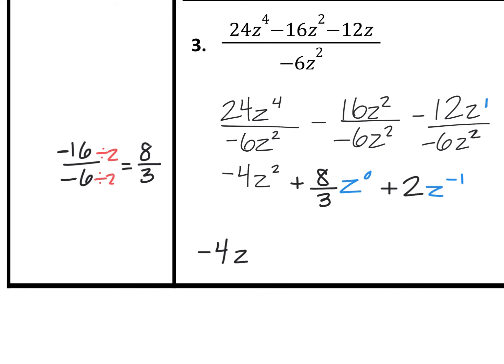You guys already told me before, anything to the 0 power is what again? 1. So here, what you're doing really is 8/3 times 1. Because remember, we talked about when you have like z squared over z squared, it cancels out. So this is gone. It's not doing anything for us. So I'm just going to do plus 8/3. And then look back at the rule at the top if you need to, but when we have a negative exponent, what do we do with it?